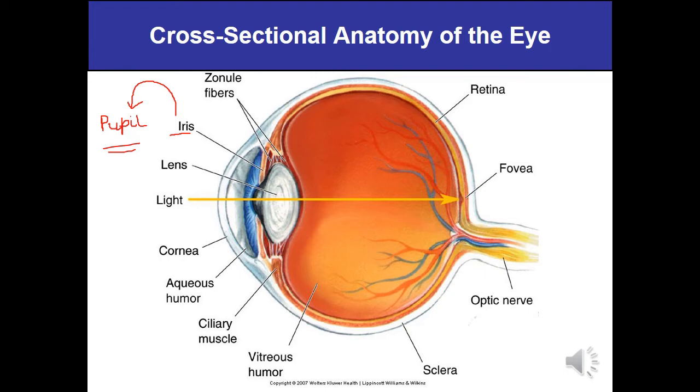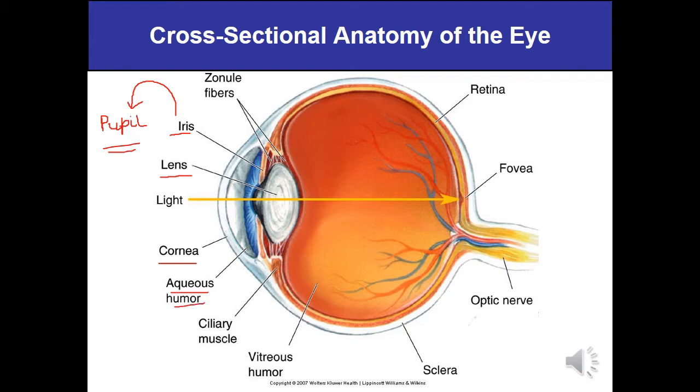Here you can see a bulgy part of the eye in front, which is known as the cornea. And over here you can see the lens of the eye. The space between the cornea and the lens is filled with a watery kind of liquid which is known as aqueous humor.